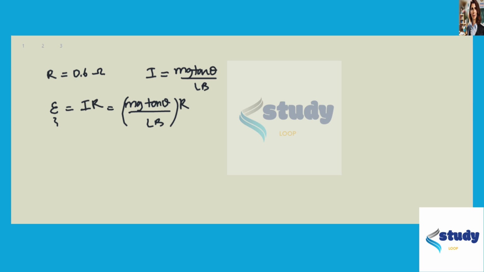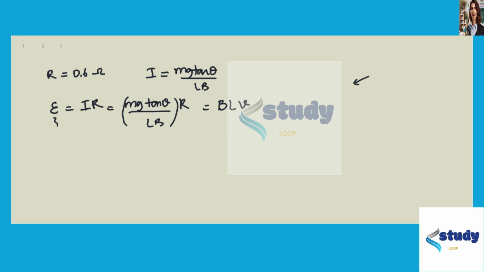Also, now let's look at it from the perspective of the moving bar. As you know, as the bar moves downward with a constant velocity, the flux is decreasing with respect to time. So when that happens, the induced EMF is B times L times V for that particular circuit.